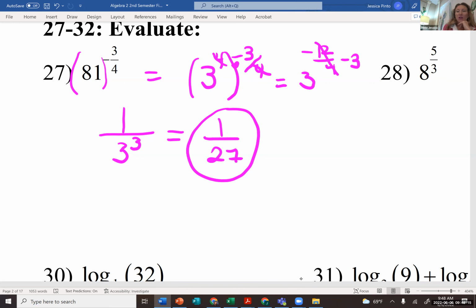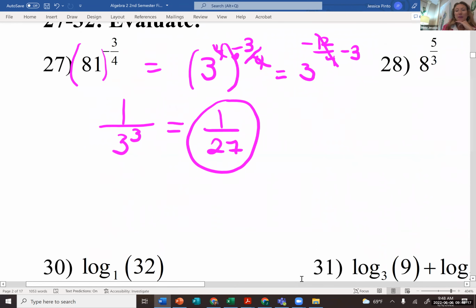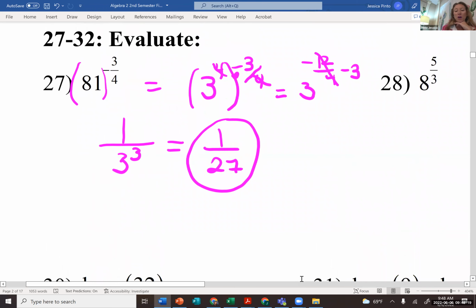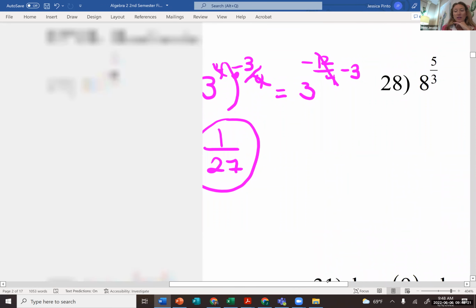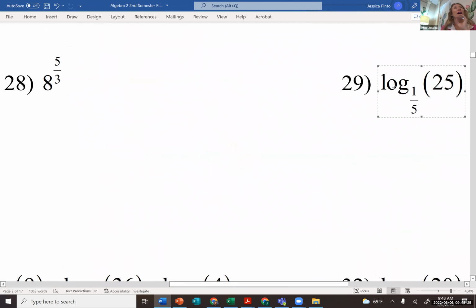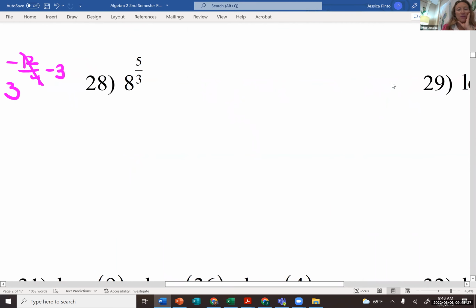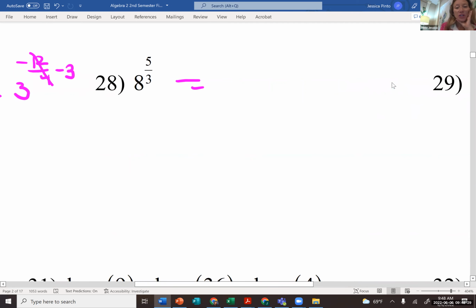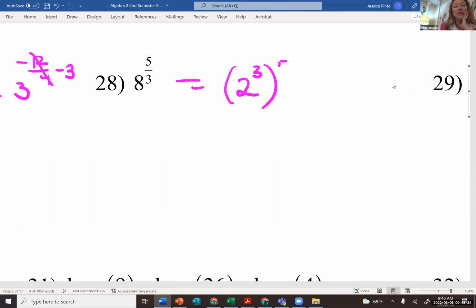Awesome. So in 28, I'm going to use that same type of thinking because I see that it's a number with a fractional exponent. So seeing that I've got 8 there, I can write 8 with a smaller power. I'm going to rewrite that as 2 to the 3rd power, and that is going to be to the 5/3 power.